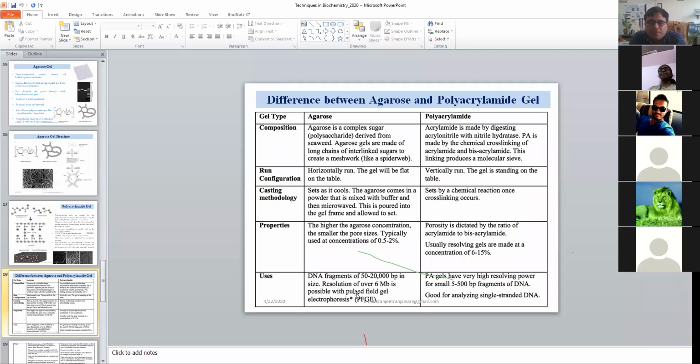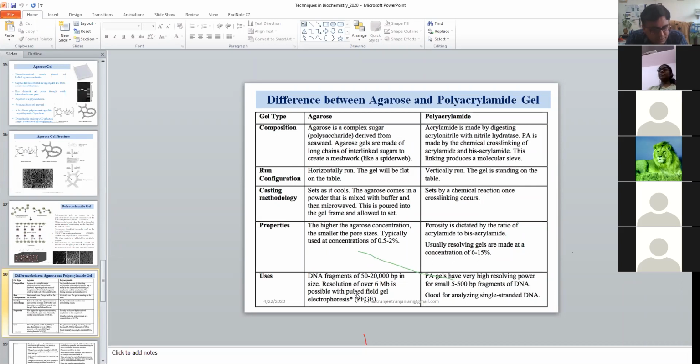Any one of you? Fingerprinting. Yes, even fingerprinting also, and even in sequencing, Sanger sequencing. In that case also, when you are running the sample, we are using this polyacrylamide gel to separate the fragments of DNA, right?